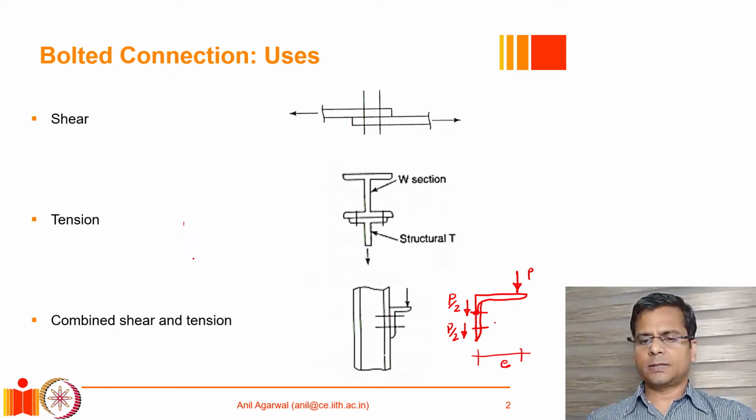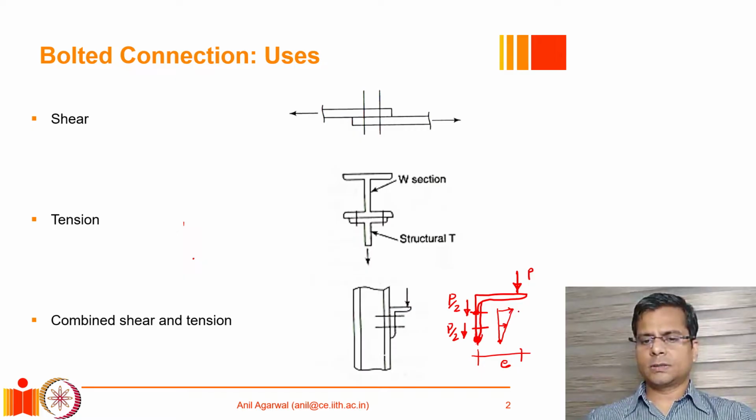And because of this eccentricity, essentially what would happen is that some kind of a heel or a pivoting point will form somewhere near the bottom edge of this angle, and these individual bolts will be subjected to a tension force demand, which you can assume to be linearly varying, pivoted around the point of pivot.